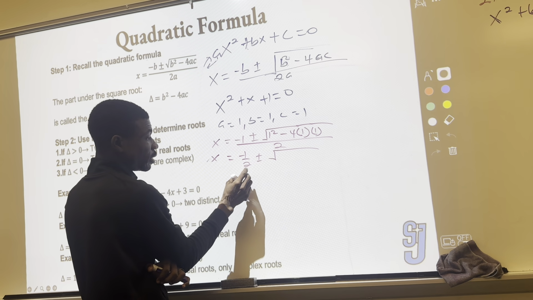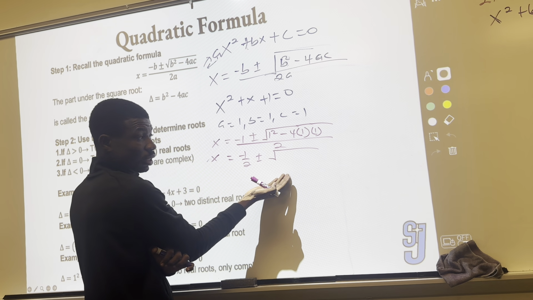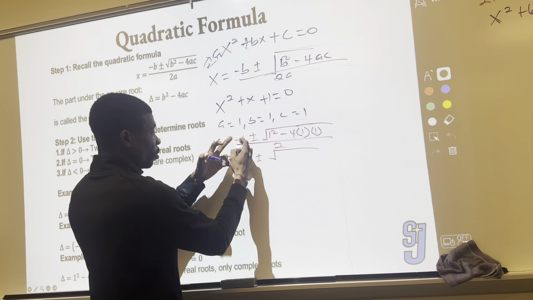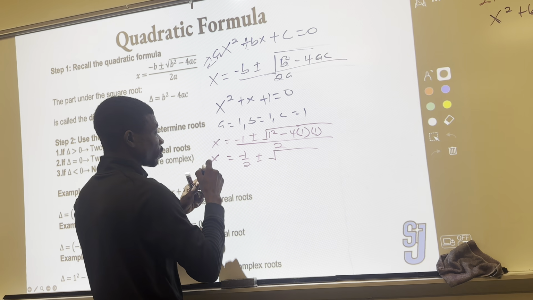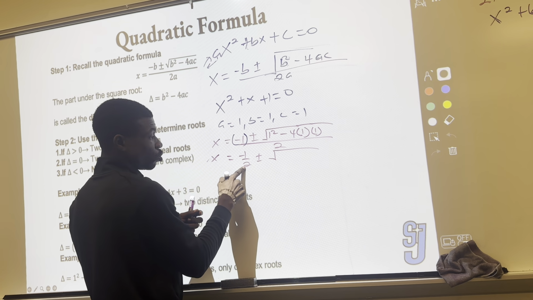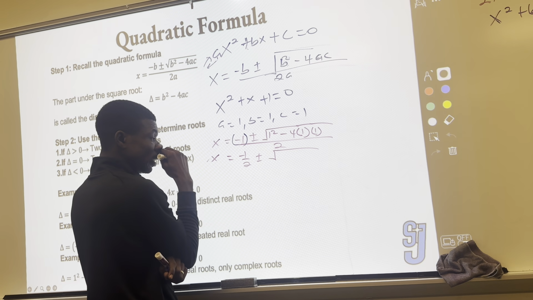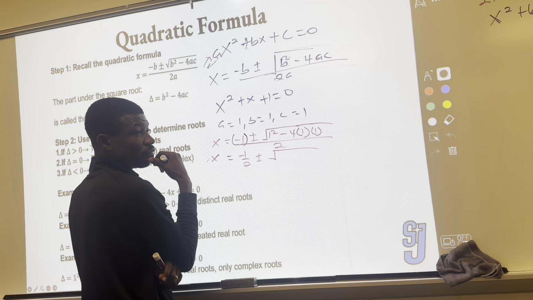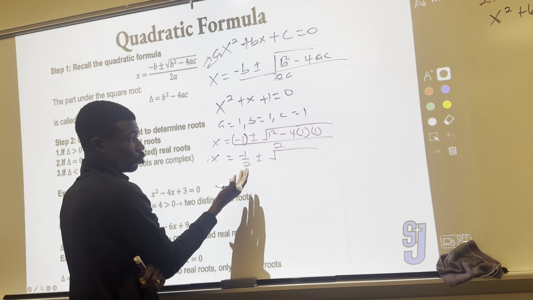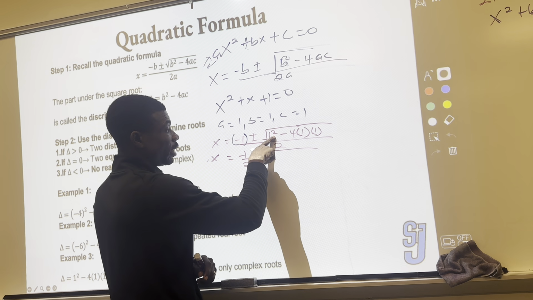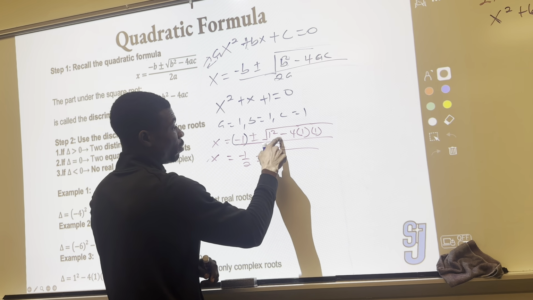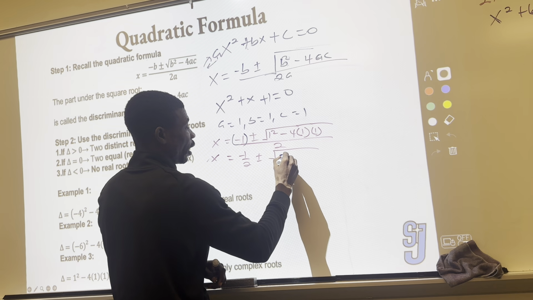And so this is it. At this point, I decide to split. So this -1 has its own denominator, which is 2, and the one in the radical sign also has another denominator, which is 2. So I have -1, 1 minus 4, I have -3.